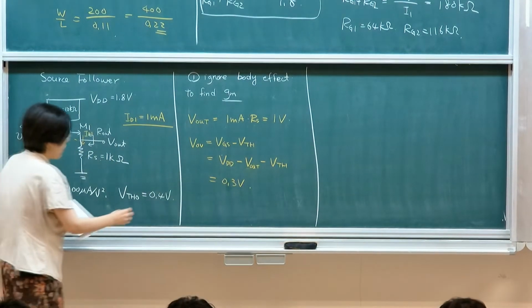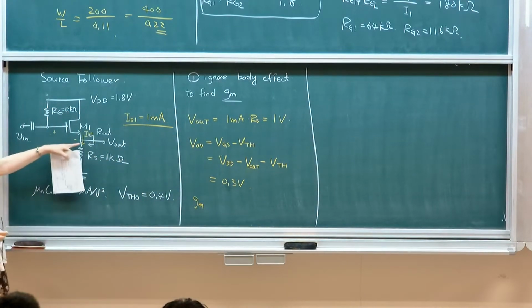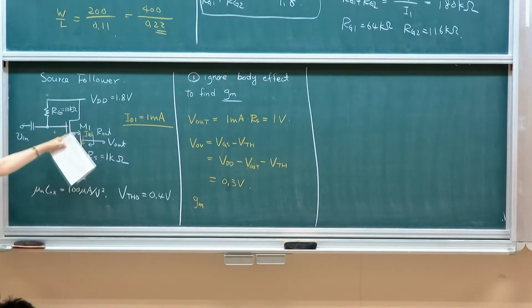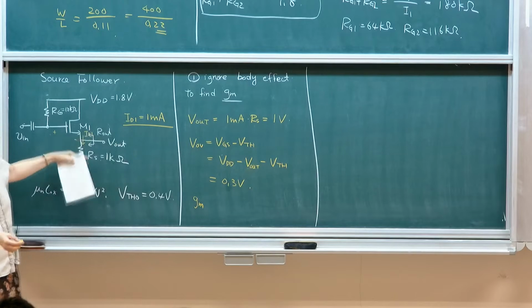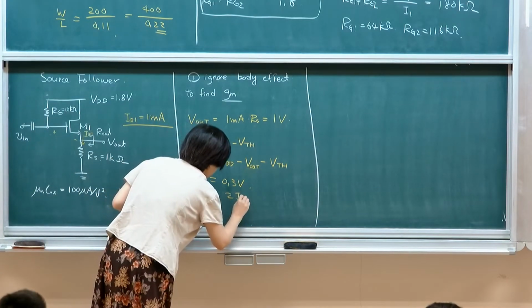So I could actually get my transconductance gm without knowing the device size, because this is the design. I already know the current, so whatever W over L will give this current under the circuit. So this will be 2ID.